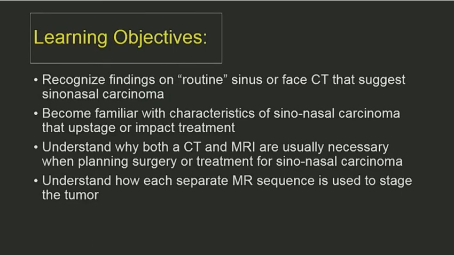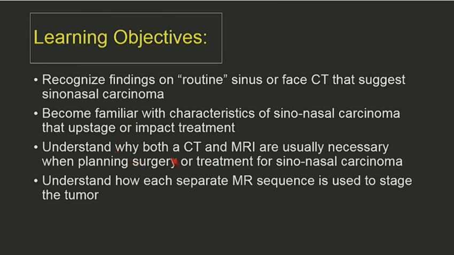What I hope that you will gain from this is to recognize findings on the routine sinus or face CT that suggest a more malignant or aggressive process, such as a carcinoma. I'd like you to become familiar with characteristics of sinonasal carcinoma that might upstage or impact treatment without having to memorize a staging table.